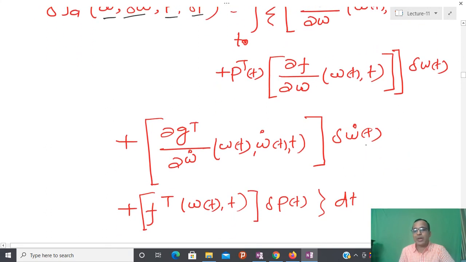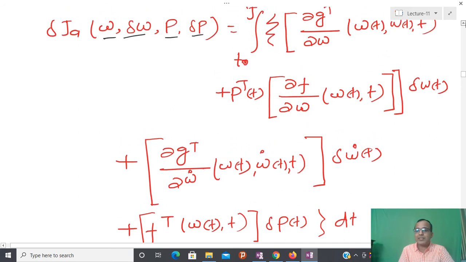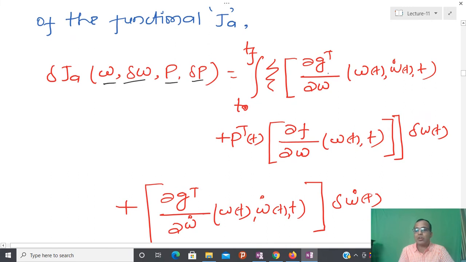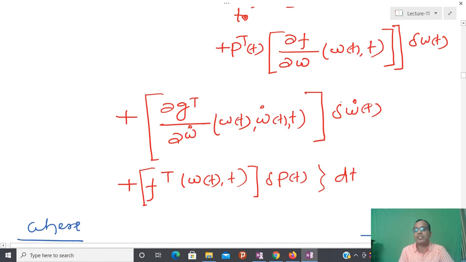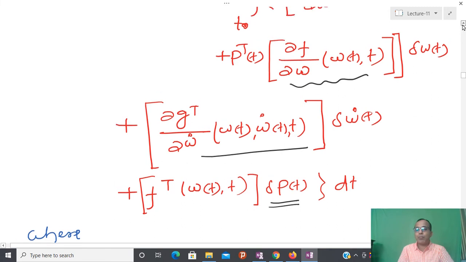First I have to take the variation of g with respect to omega, so delta omega t comes into the picture, and then I have to take the variation with respect to omega dot, and inside this function omega dot is not present. Due to that reason I have only one term, and after that I have to take the variation with respect to p. So I have four different terms.